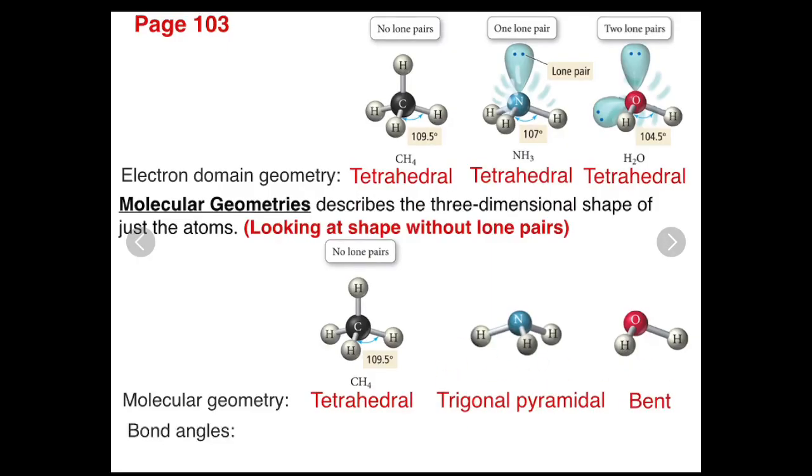Now, bond angle, as I mentioned earlier: as the number of lone pairs increases, the bond angle will decrease. The more lone pairs you introduce, the smaller the bond angle.